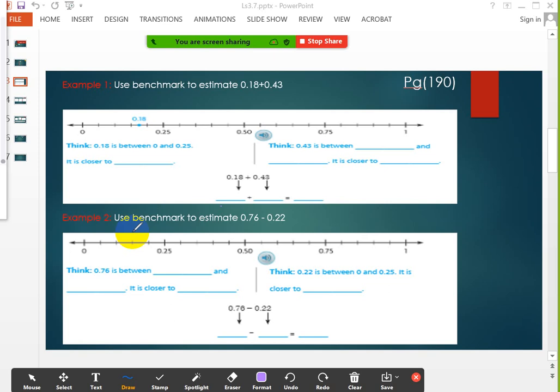Let's start with the first number, 0.18 hundredths. Okay, I want you to focus with me please. 0.18 hundredths is located between 0 and 0.25 on the number line, and I have to round it into the closest number on the number line.